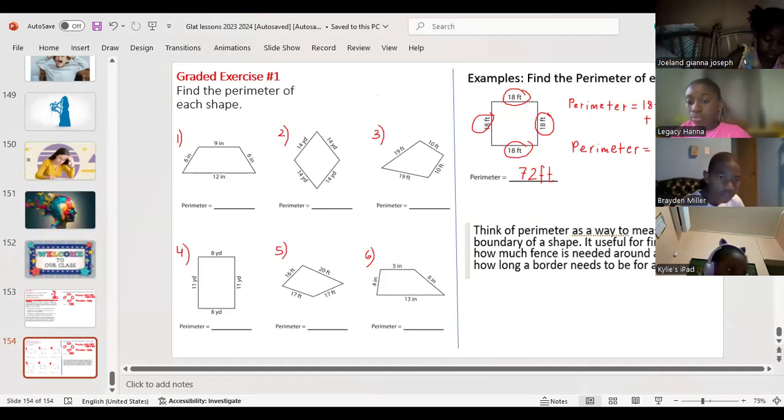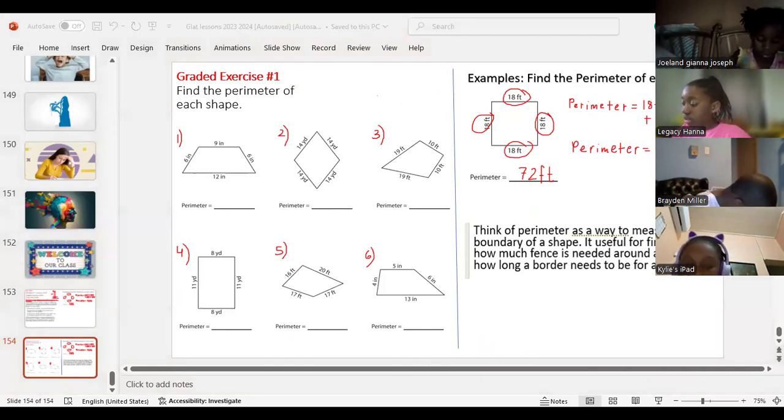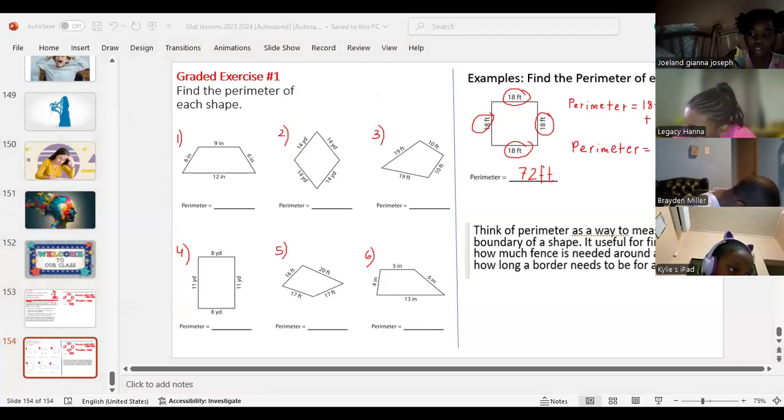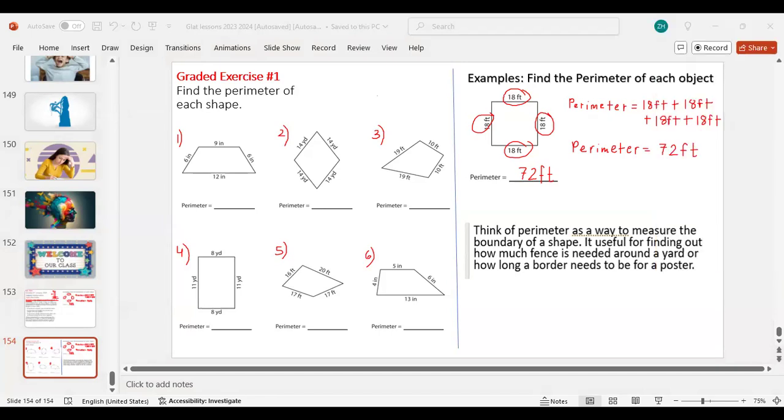What's her name? You finished as well? That's Trinity. Yes, sir. Good. Take a picture of your work and send it to me as well.